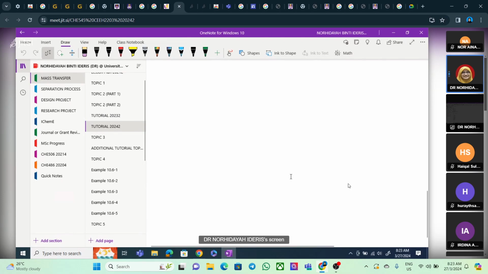Look at your textbook. For those who don't have it, perhaps you can ask your friends to capture the question and put it inside the group. The title is diffusion of A through stagnant B. In this one, it's easy since the title tells you what it is, so you know.